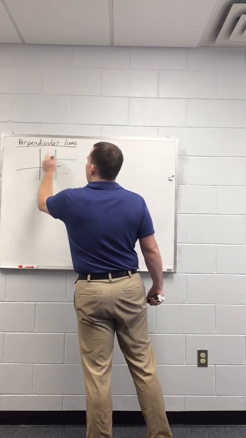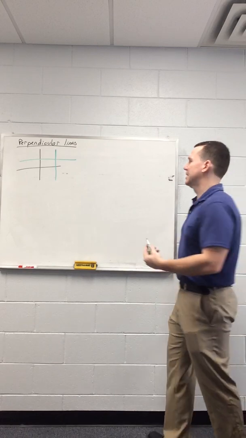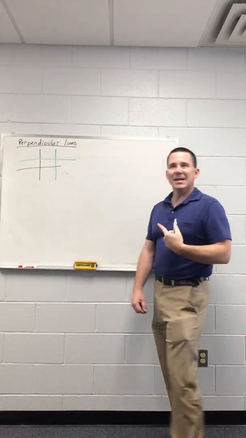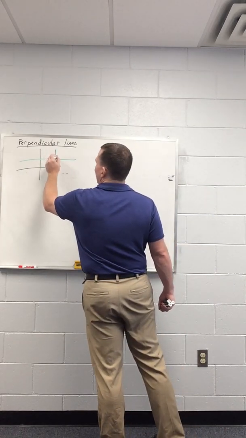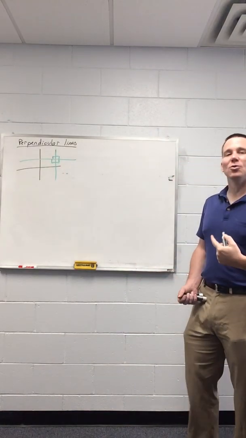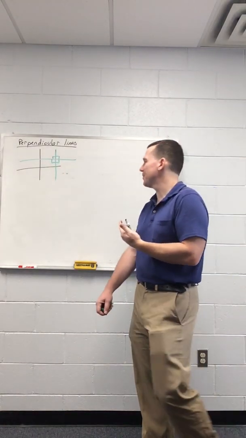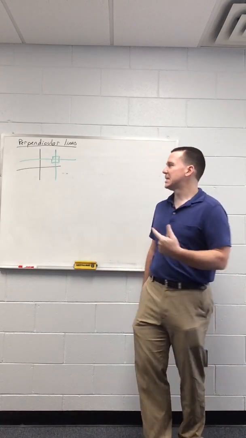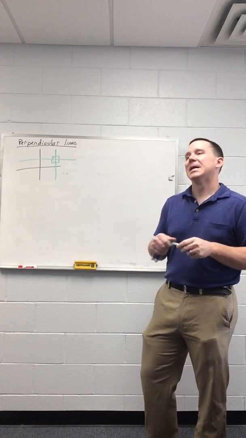If I draw that and that, are those perpendicular? Yes. Why? Generally speaking, they look perpendicular, or we have right angles right here. So two lines are perpendicular if they meet at right angles, which is a geometric definition of them. Problem is, we're doing algebra here, so that geometric definition doesn't really help us.